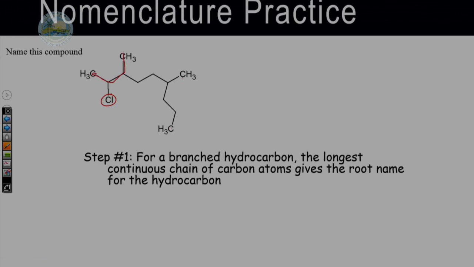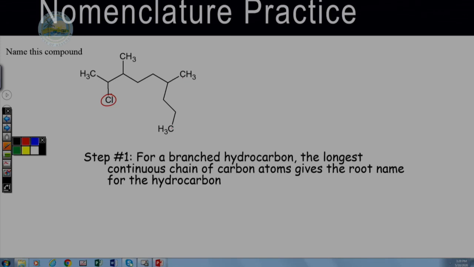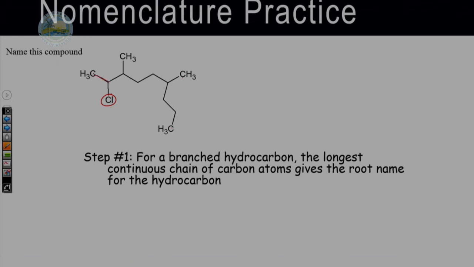That's definitely not the longest chain because I can make a longer continuous one. Let's try the next one, beginning from that same carbon. 1, 2, 3, 4, 5, 6, 7. Okay, so that's another one that I could have had. But let's check to see if I can get longer. 1, 2, 3, 4, 5, 6, 7, 8, 9.